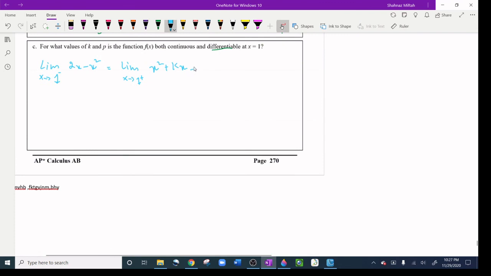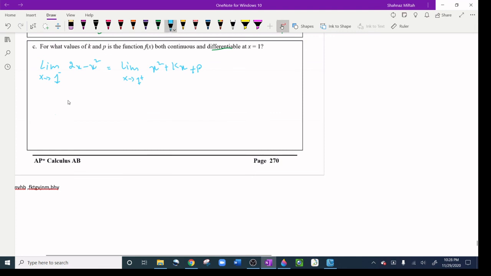That's continuity. So I have to plug in all of these values. Okay, let's try that. So I'm going to plug in 1 here.